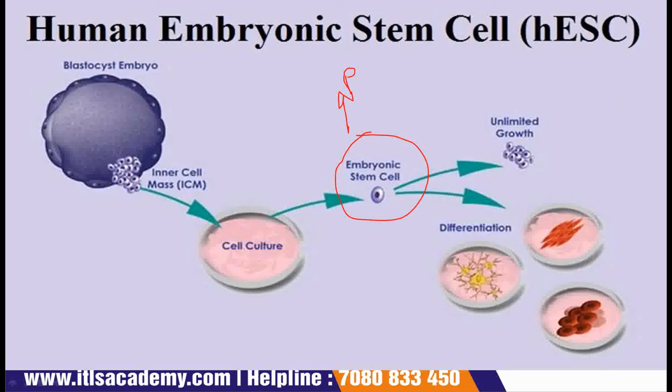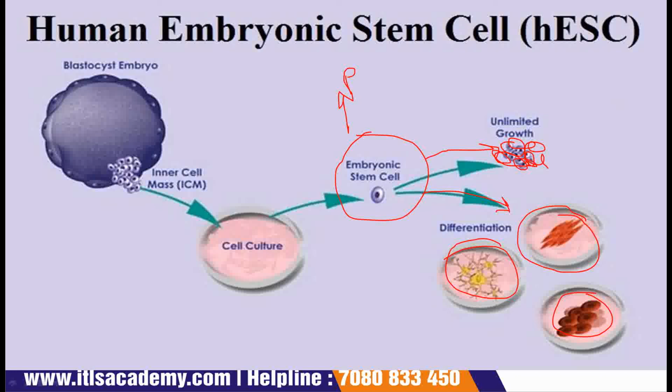Here you can see this is unlimited growth. This can give rise to unlimited types of cells. Further it goes to differentiation and forms these neuron cells, these RBCs, and these muscle cells. And many more kinds of cells are produced by the embryonic stem cells.